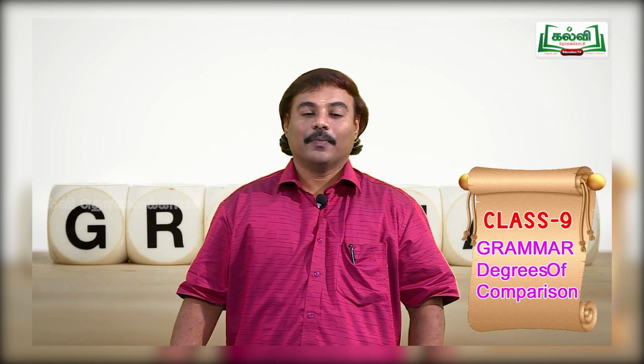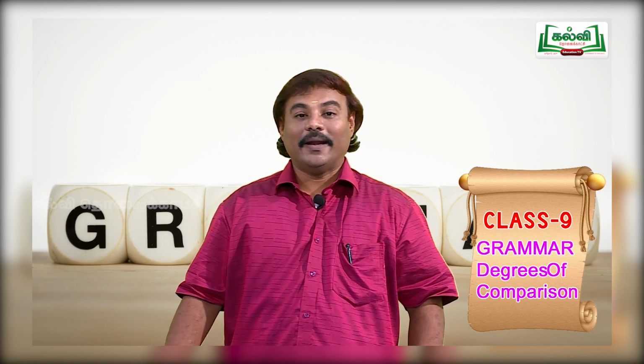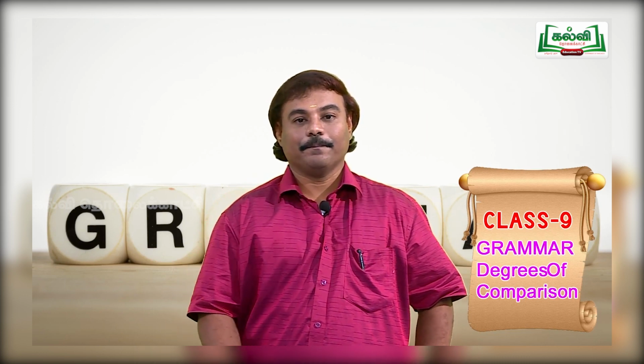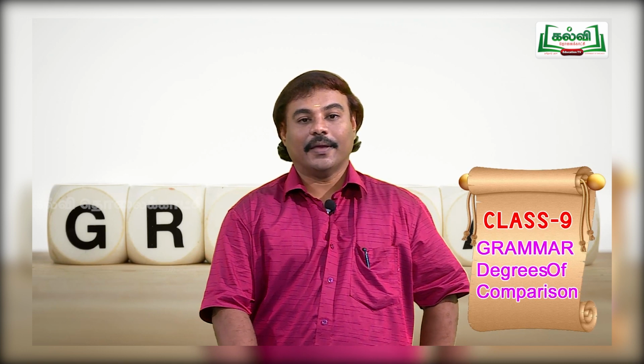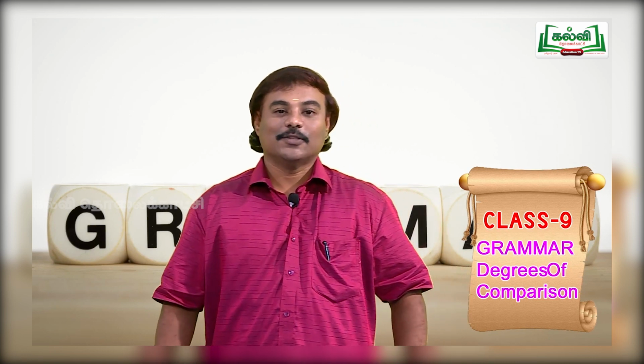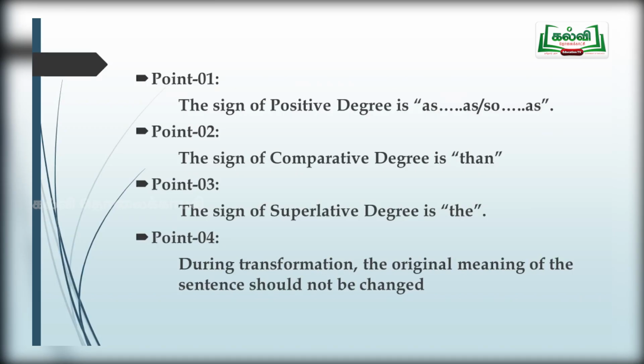Can you tell me how many degrees of comparison are there? Yes, positive degree. Yes, comparative. What is the last one? Superlative. Okay. You can say 4 points which are displayed there. The sign, not the sign of the teacher, the sign of the degrees.